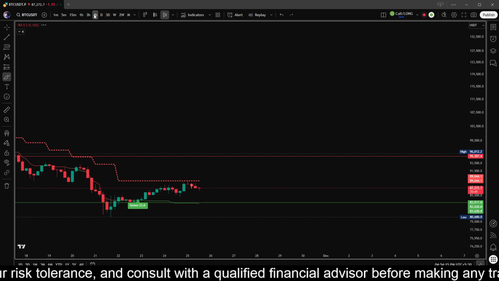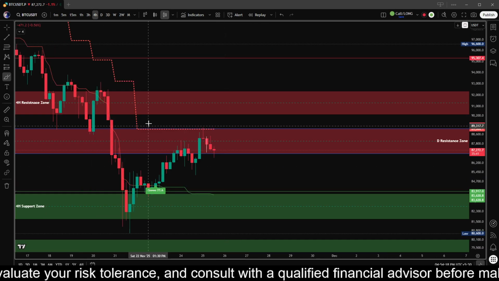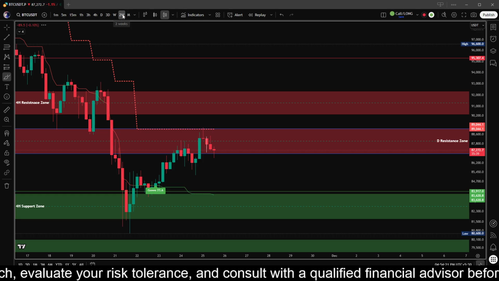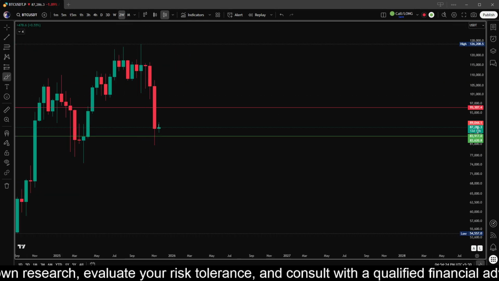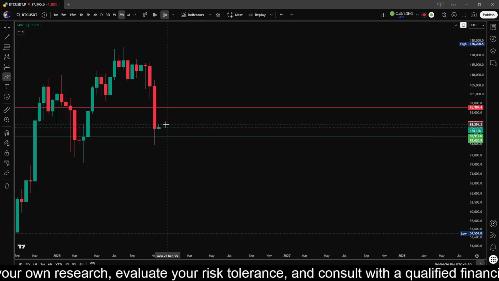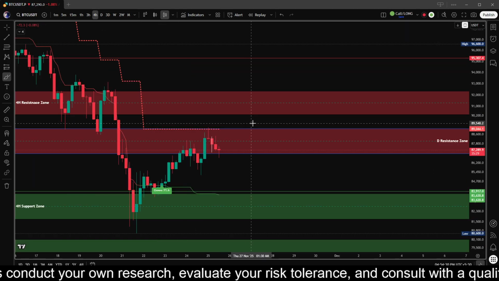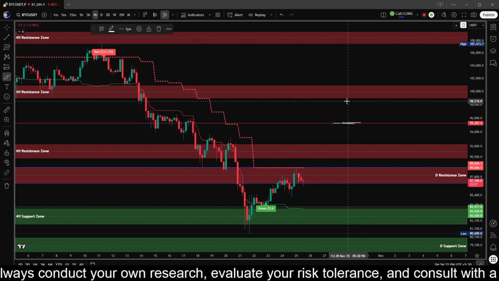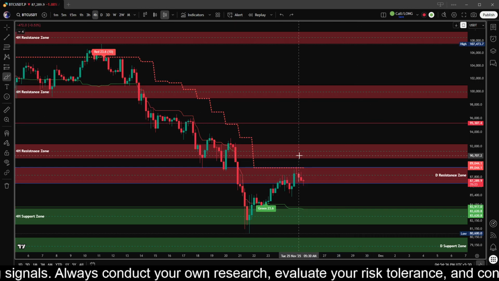So for the time being, I would say for the next coming 2 weeks, in 12 days, the price will go to touch this level, this 95 or 97,000 level. That's what I'm expecting with BTC for the time being.